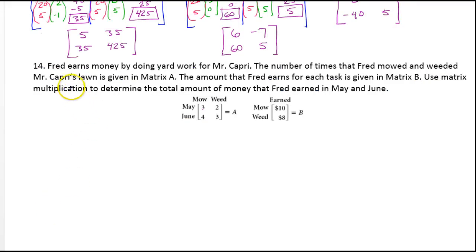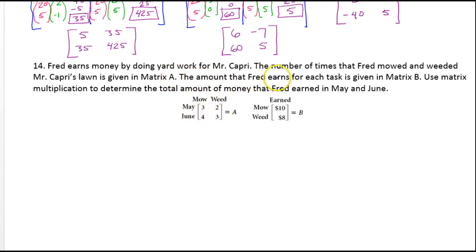Last but not least, we have this matrix word problem, a real-world application. Let's take a look. Fred earns money by doing yard work for Mr. Capri. The number of times that Fred mowed and weeded Mr. Capri's lawn is given in matrix A. Let's see. He mowed and he weeded in May and June. Okay.